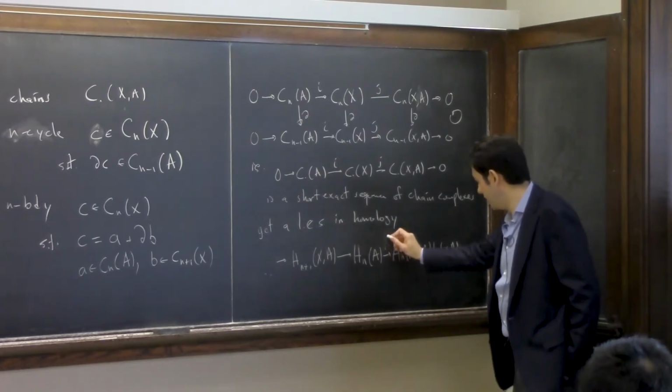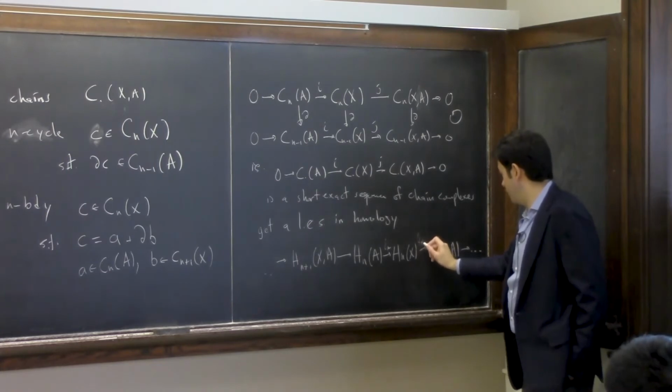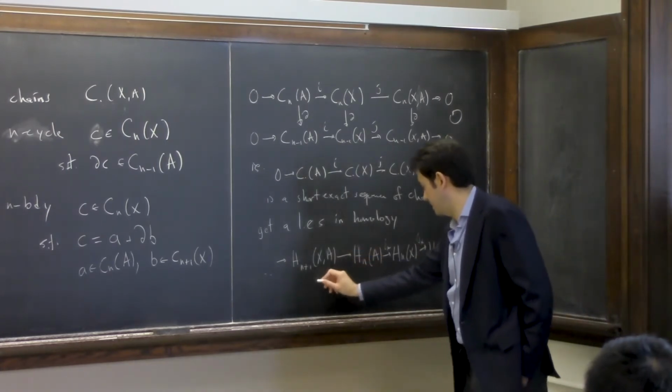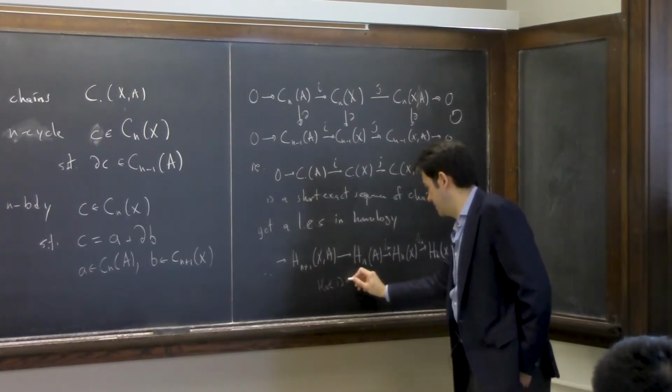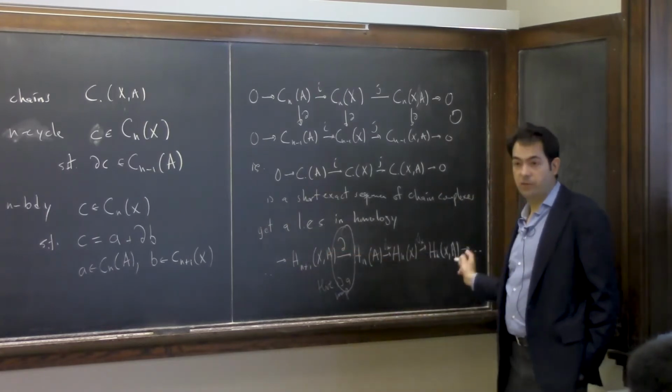This map is just the induced map from I. This one is the induced map from J. And we're going to see that there is a map that makes this sequence exact.